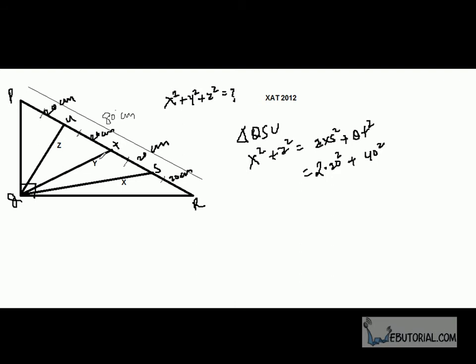Why 40? Because a line joining the midpoint of the hypotenuse to the right angle vertex gives you qt is equal to pt is equal to tr. This is something that you all must be knowing.